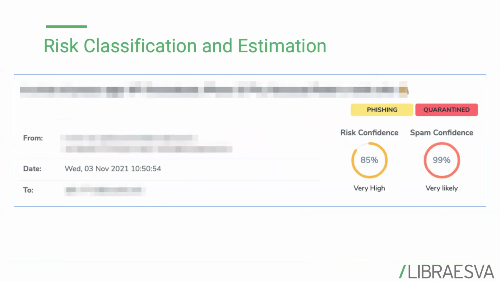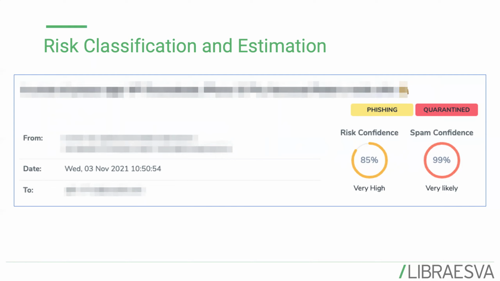One of the other main changes in version 5.0 is a new way to classify risks and estimate their risk to the users. In previous versions, we focused primarily on a score from a negative score up to a positive integer.